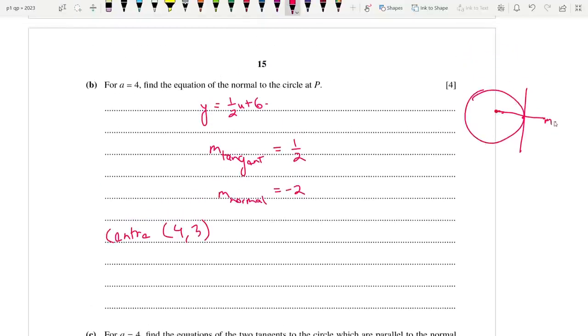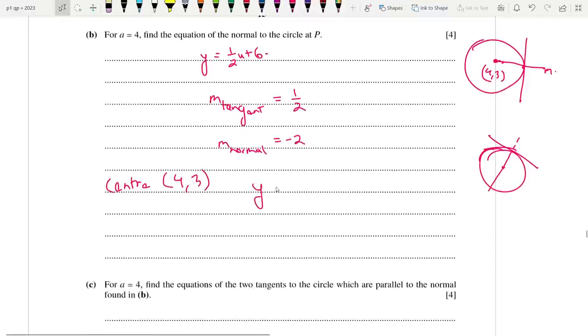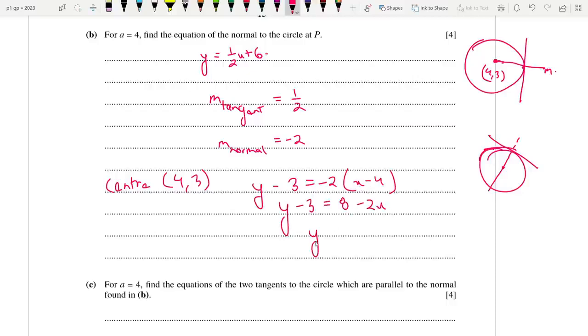So we have the gradient of the normal as well as one of the coordinates, which is (4, 3). Because if you draw any tangent to a circle, its normal must pass through the center. Okay, that's a criteria. So y minus 3 is equal to minus 2(x minus 4), y minus 3 is equal to 8 minus twice x, or y is equal to 11 minus twice x. That is our answer.